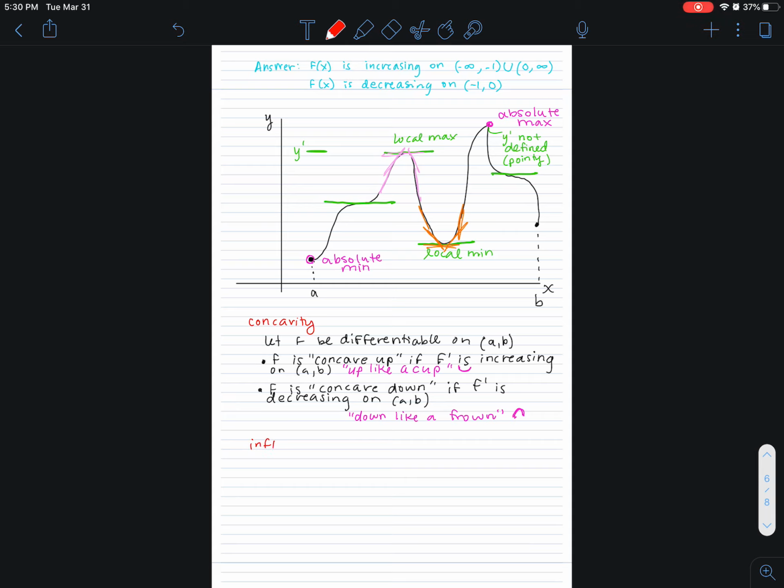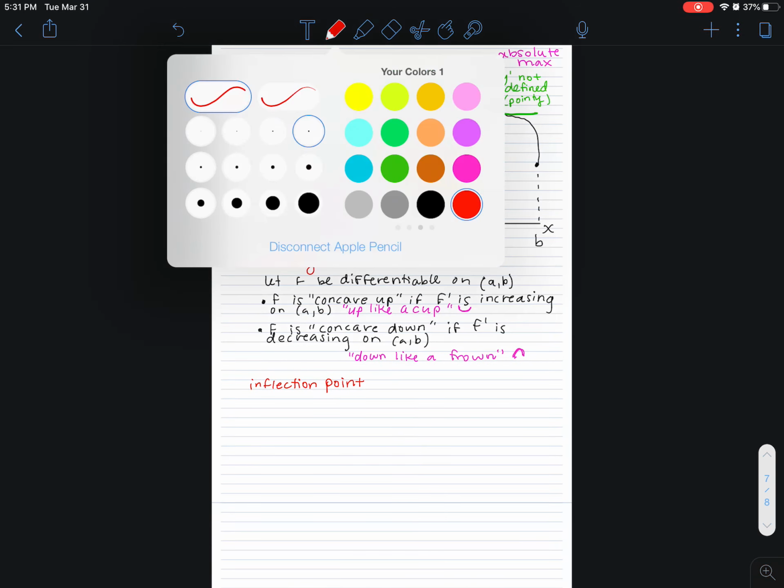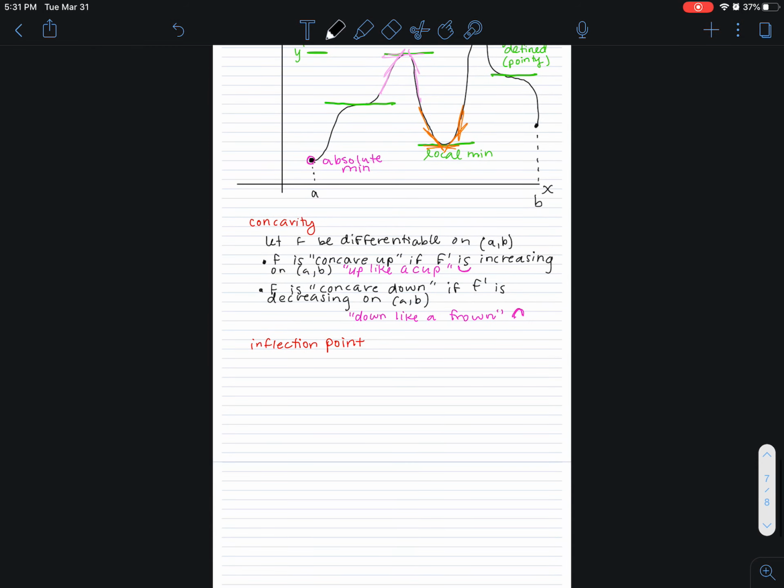So an inflection point, I guess these are kind of cheat sheet informations. They're just definitions though, so we'll be using them as we go, not so much as a formula or a theorem. So, let's see here. How do I want to say this?